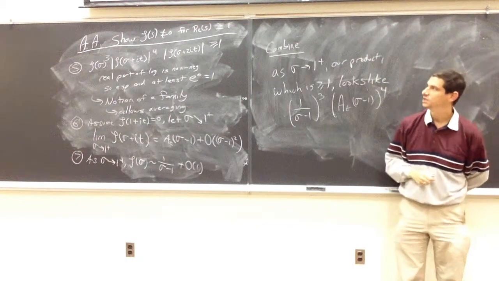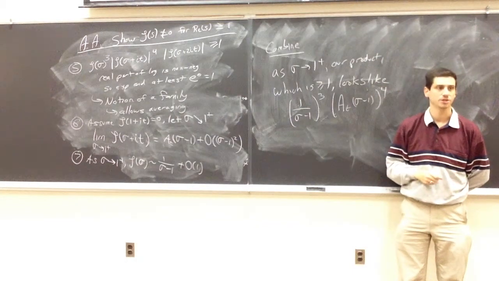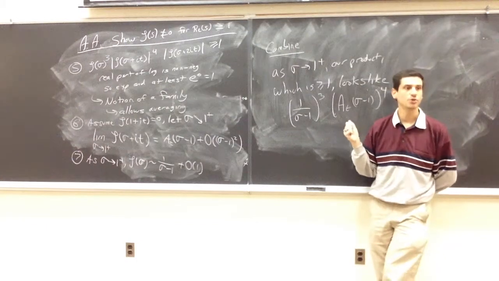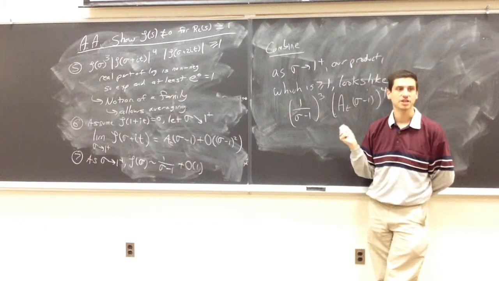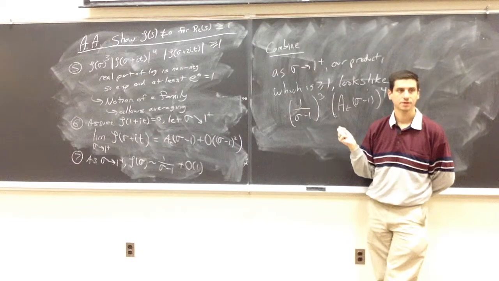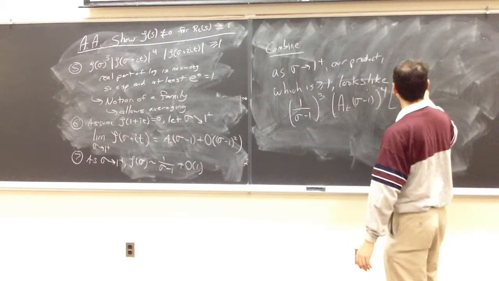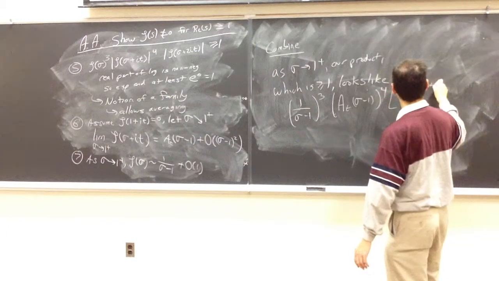What about zeta of sigma plus 2it? What does that look like? Doesn't matter. All we need to know is that the only pole of the Riemann zeta function is at s equals 1. There's no pole there, and so the other piece, since it's finite, doesn't matter.